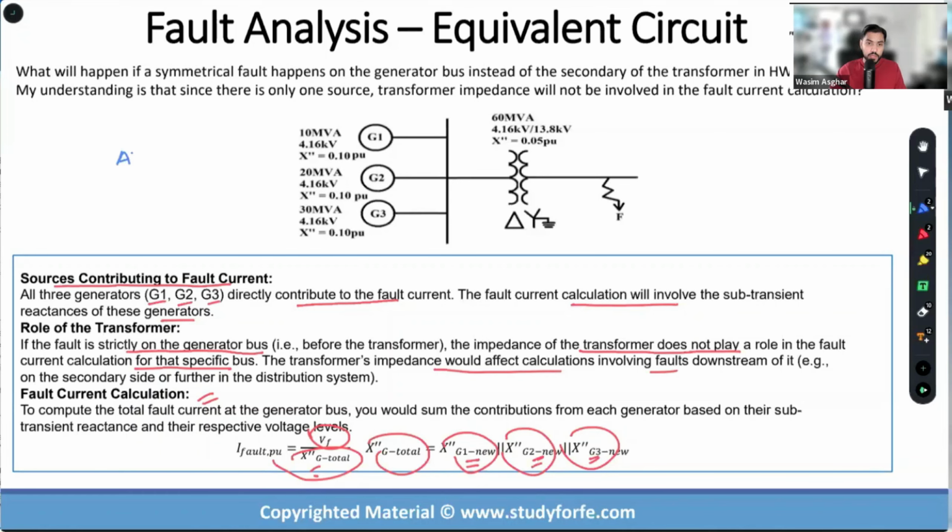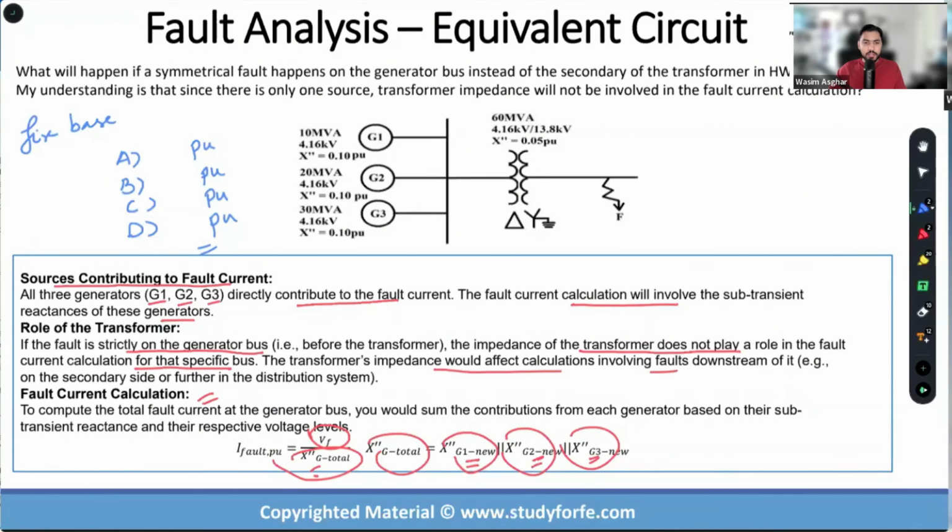Options A, B, C, and D cannot be per unit quantities, because for them to test you on per unit, they have to fix base values.